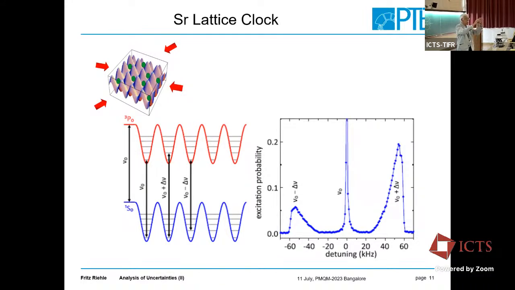And this is a very nice system because the electron shell is shielding the nucleus. So the nucleus has much less perturbation, but still there are perturbations. So we have to see it.